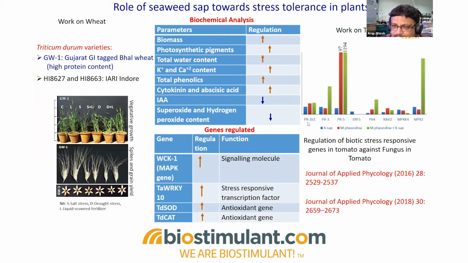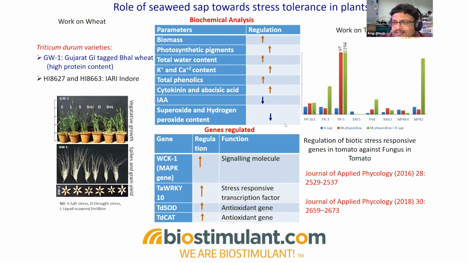Blue color is KSAP, wherein these are tomato plants which are not infected with the Macrophomina, a fungus that causes collar rot, and this is a very dangerous disease. So we artificially inoculated the tomato plants with this Macrophomina, and the red one is the plants treated with Macrophomina fungus infection, and the green is where we infected it with Macrophomina, but also gave the KSAP. KSAP is your Kappaphycus biostimulant.